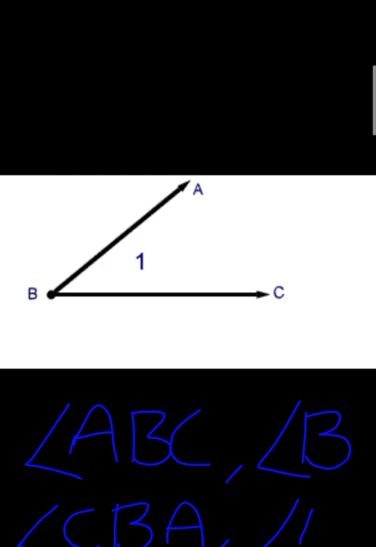Angle ABC, angle CBA, these both are in clockwise and anti-clockwise direction. Angle B is a name of the vertex, and 1 is given here. By representing 1 also we can denote an angle.